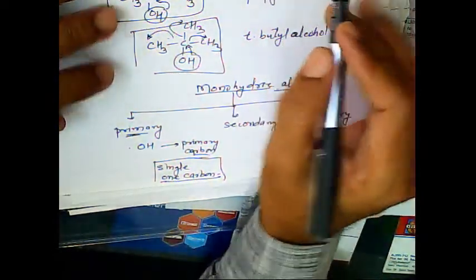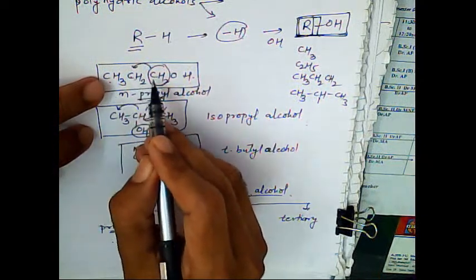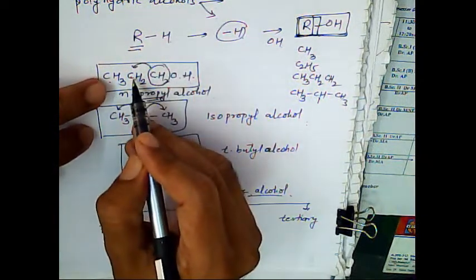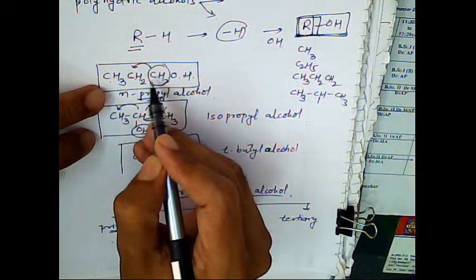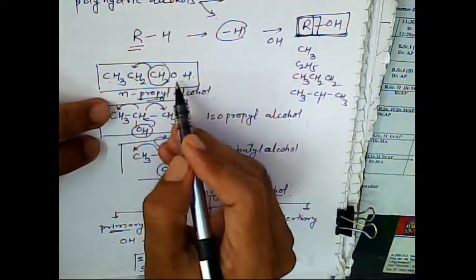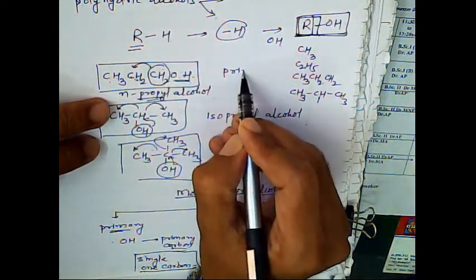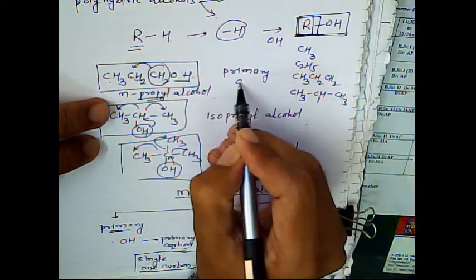See here, what we have written: CH3, CH2, CH2, OH. The OH is attached to a CH2 which is attached to only one carbon. That is the primary carbon, and OH is attached to the primary carbon, so it is a primary alcohol.